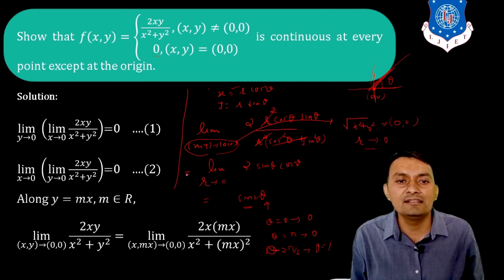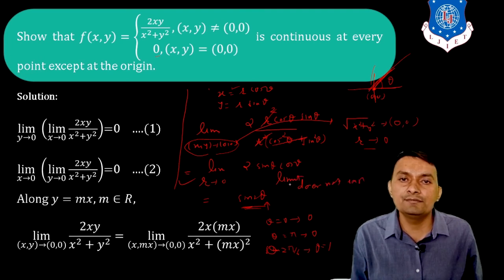That is the way I assumed it here. So in polar form also you can say that the limit does not exist. And this is the proof.